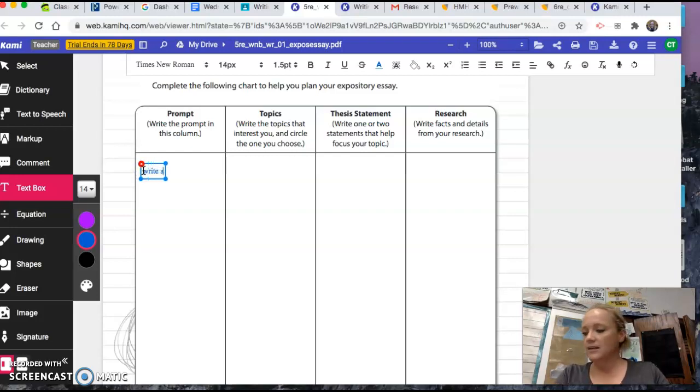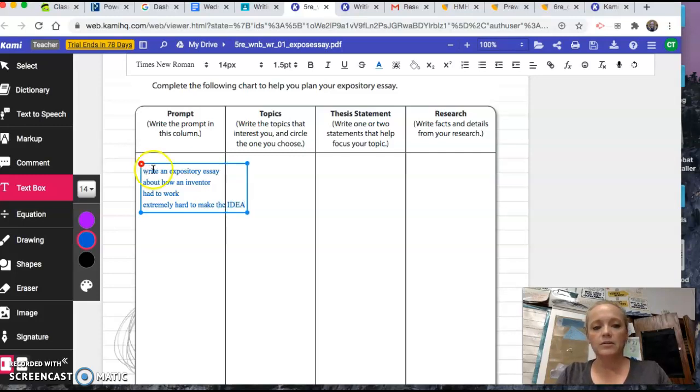Write an expository essay about how an inventor had to work extremely hard to make the idea, or an invention, a reality.